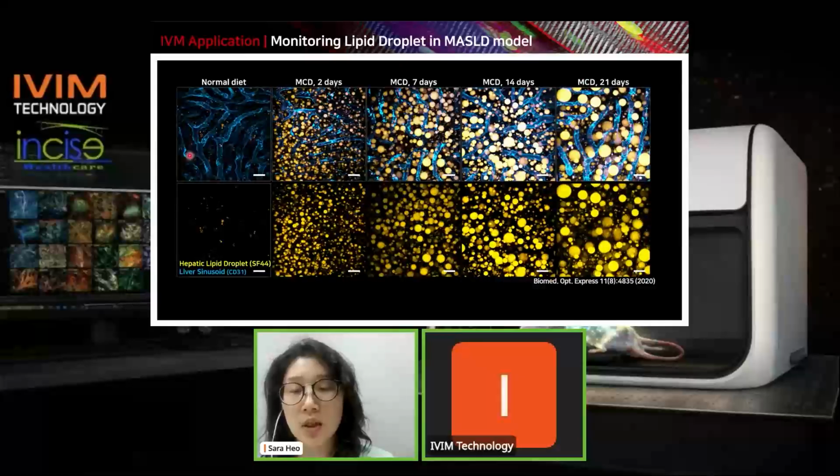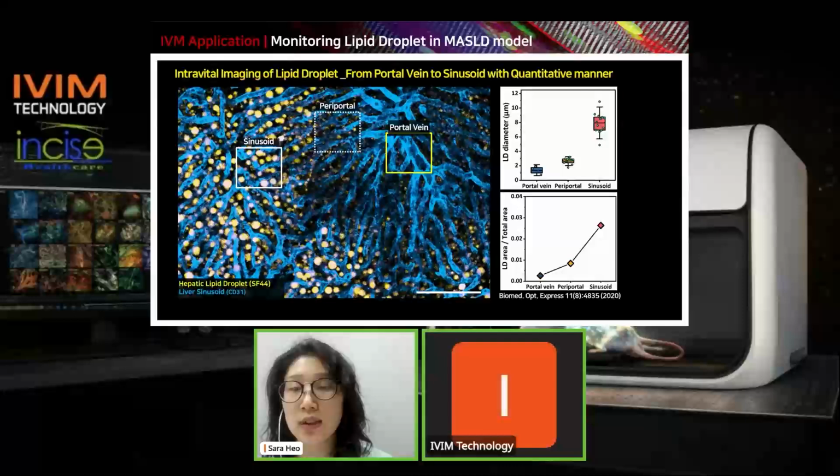The channels can be separated, and the image can be created separately using the different channels. Therefore, an image with only the lipid droplet is obtainable because it was taken in a different channel. This image was taken together with the sinusoid and lipid, but the lipid droplet can be separated to obtain a separate image.